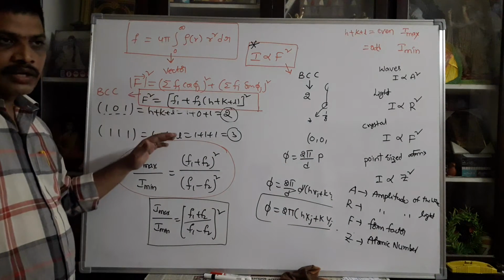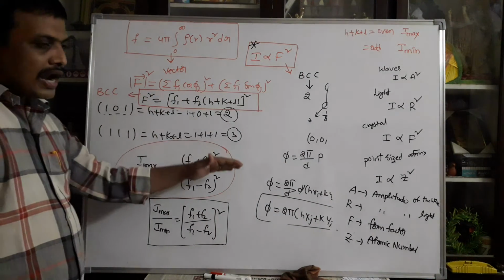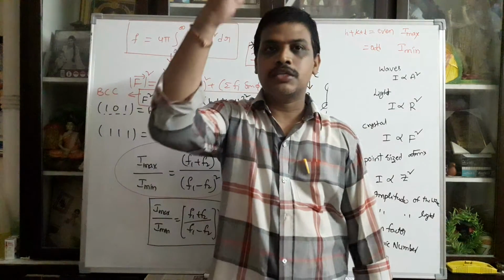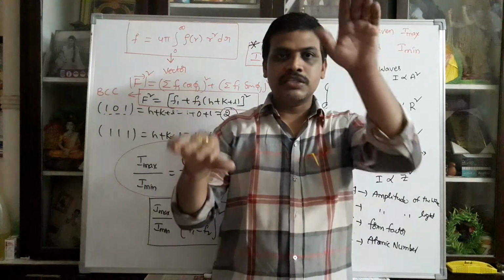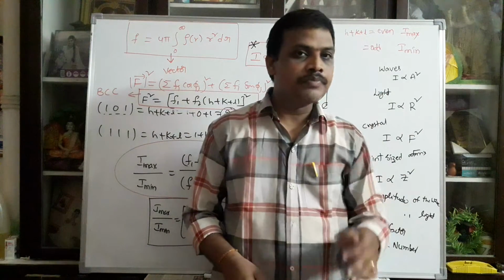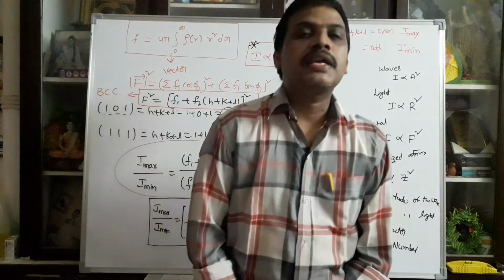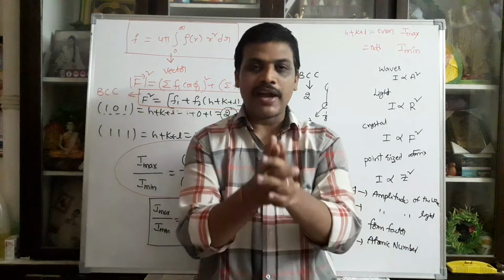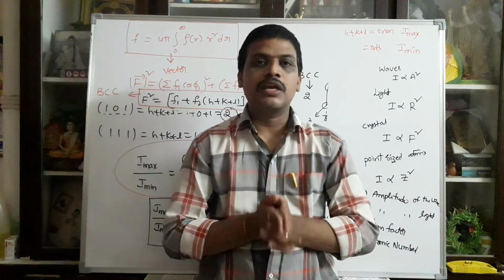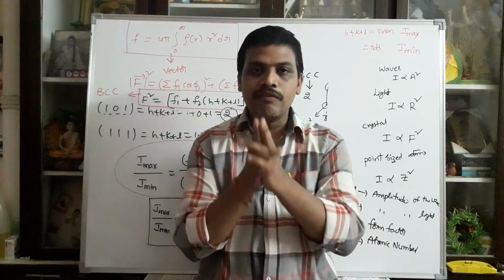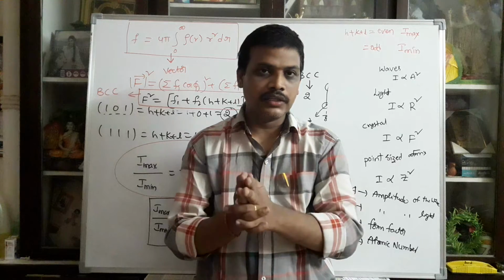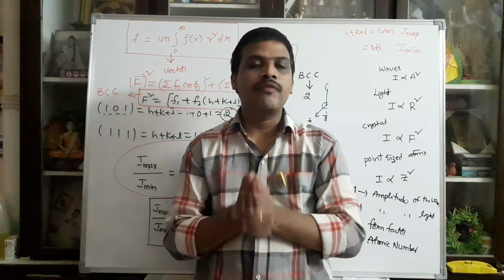Once the form factor value is calculated, you get a graph with highest peak values, otherwise lowest peaks. Once peak values of intensity are observed, the X-rays must be diffracted. On the diffracted condition, the intensity of X-rays is always proportional to the square of the form factor.